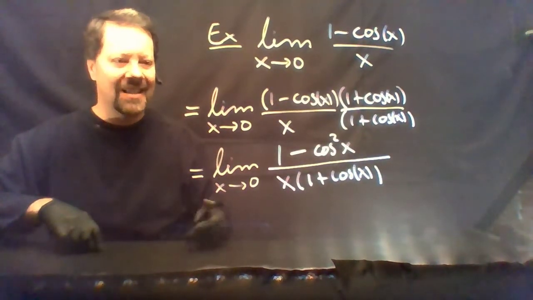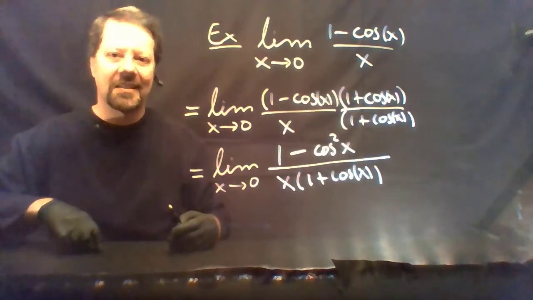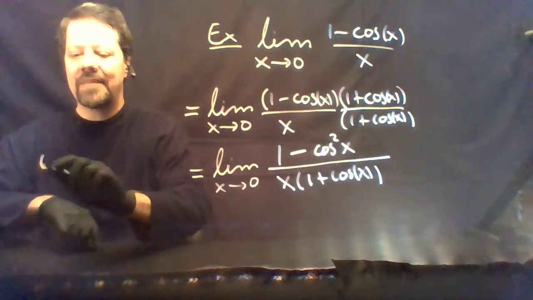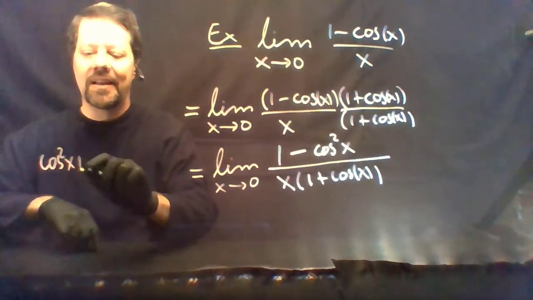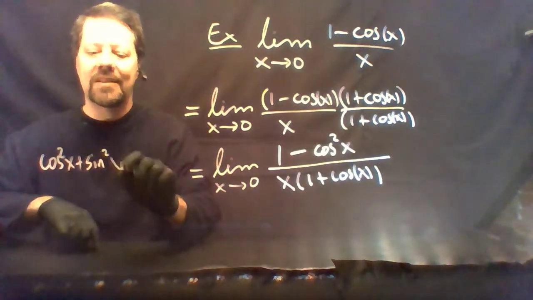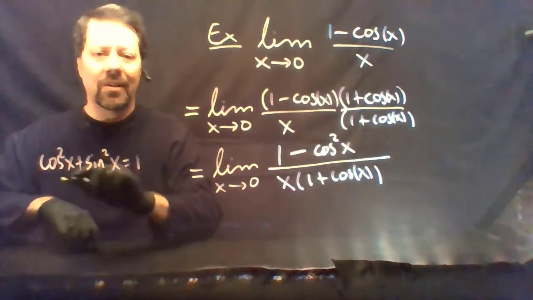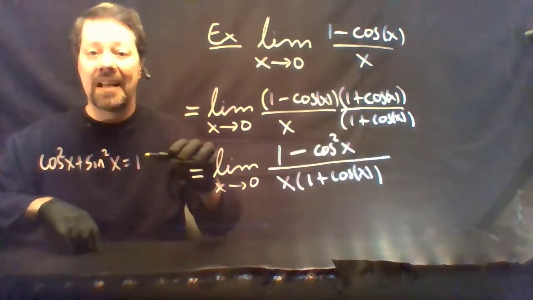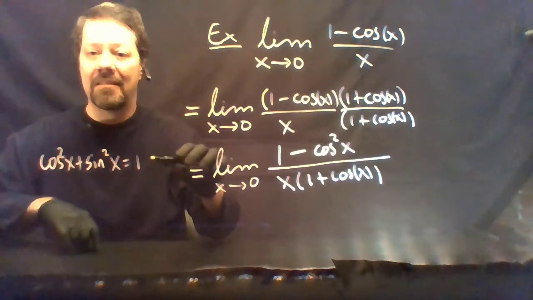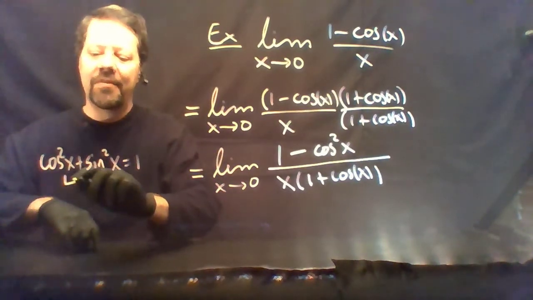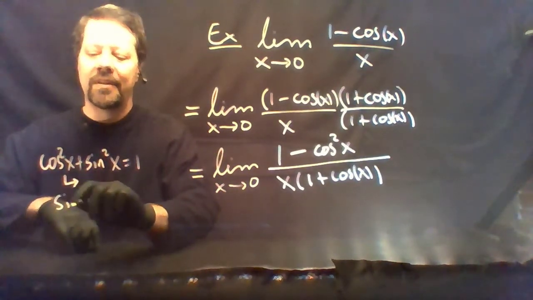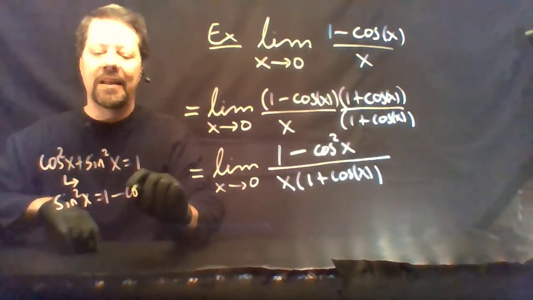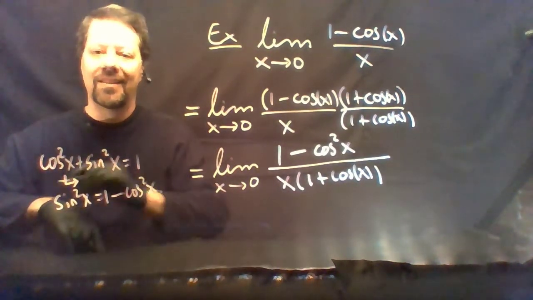Do you recognize this 1 minus cosine squared x as an identity? It comes from the identity cosine squared x plus sine squared x equals 1, called the Pythagorean identity, because this is an immediate consequence of the Pythagorean theorem. If you move the cosine squared over, you can see that sine squared x is 1 minus cosine squared x.